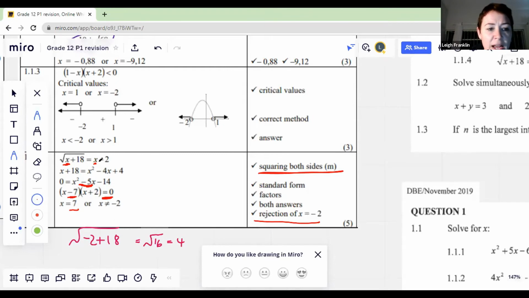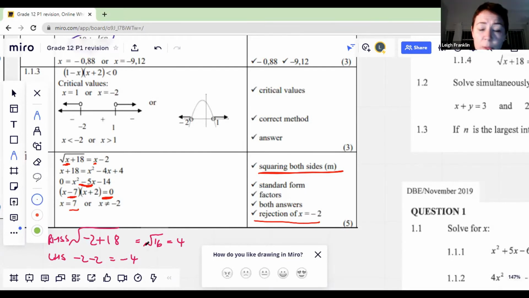Now on the right-hand side, we've also got to look at x, so -2, and then we want to subtract another 2. We're going to end up with -4. Yeah, quite right. Because the left-hand side doesn't equal the right-hand side, that's why we have to say that x equals -2 is not a valid solution.